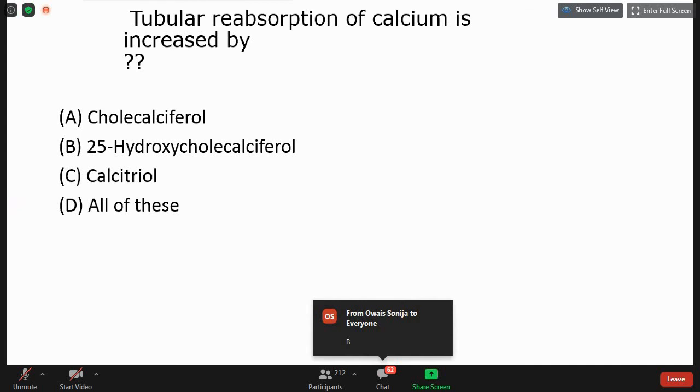B is 25 hydroxy. Why B and why C? Any idea? Abdul Razak. Okay. Excellent. Amna Shah. Excellent. C is 1,25 dihydroxy, which is the active form. Okay. Excellent.